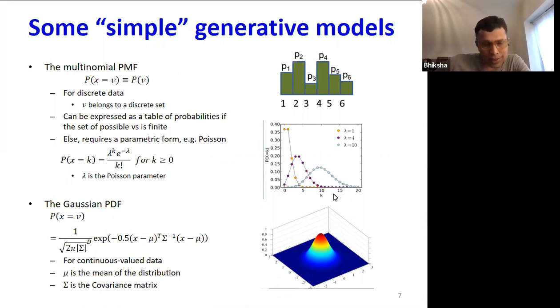Again, this is a generative model for discrete numeric data, and it is parameterized by a single value, lambda. You're also familiar with Gaussians. Everybody knows what a Gaussian distribution is. It's this bell-shaped distribution, parameterized entirely by its mean and its variance. These are all things we are familiar with.